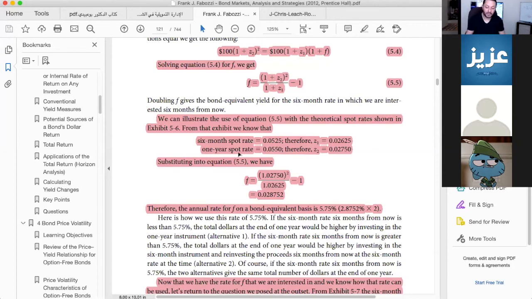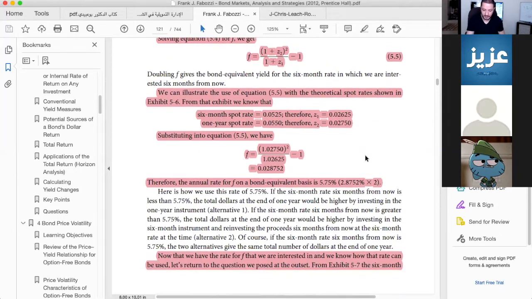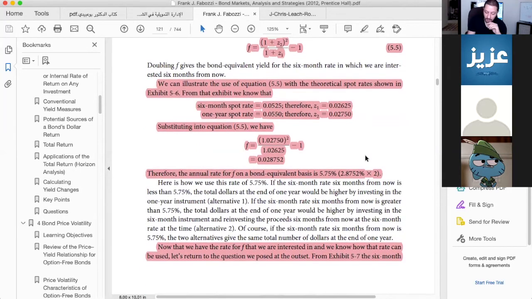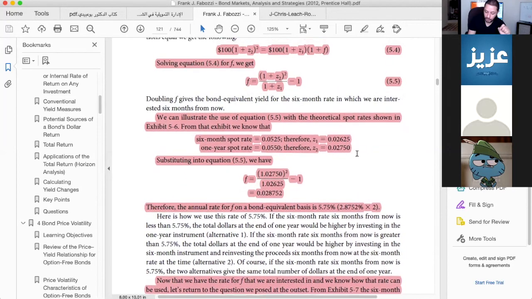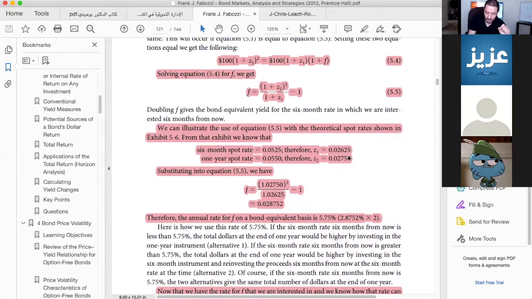And if we are willing to invest our money for 1 year, we should use the spot rate for 1 year, which is 0.055. If we convert it to a semi-annual basis, we have 0.0275 as the spot rate.